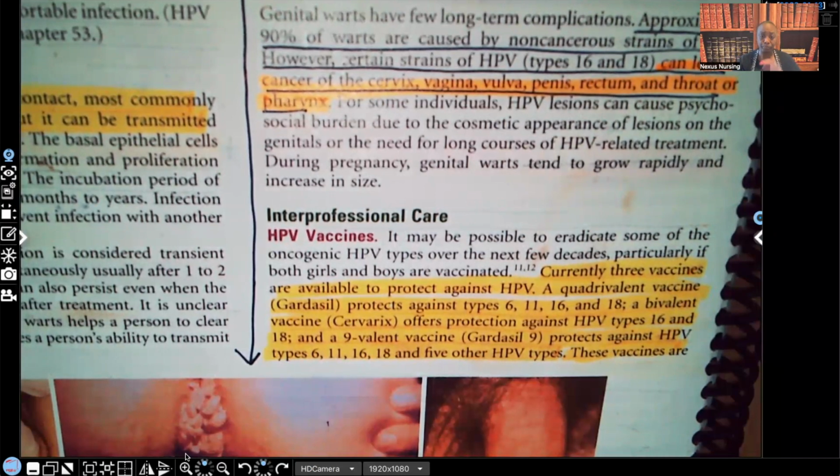So let's keep going. Currently, 3 vaccines are available to protect against HPV. A quadrivalent vaccine, that's a Gardasil, that protects against the type 6, 11, 16, and 18. The bivalent vaccine, Cervarix, offers protection against HPV type 16 and 18, and the 9-valent vaccine, Gardasil 9, protects against HPV type 6, 11, 16, 18, and 5 other types of HPV.